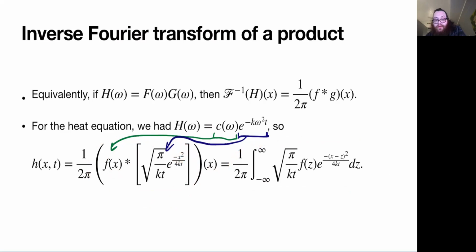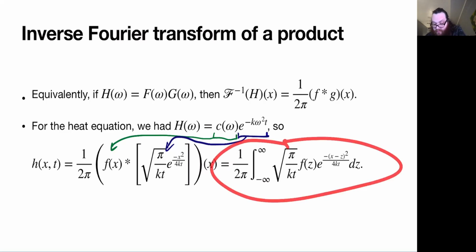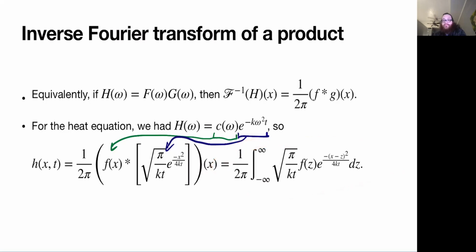So a third way that we're getting the same representation of solutions to the heat equation. Just now we're using this convolution theorem to quickly go through evaluating what the inverse transform of this thing is. But, cool.